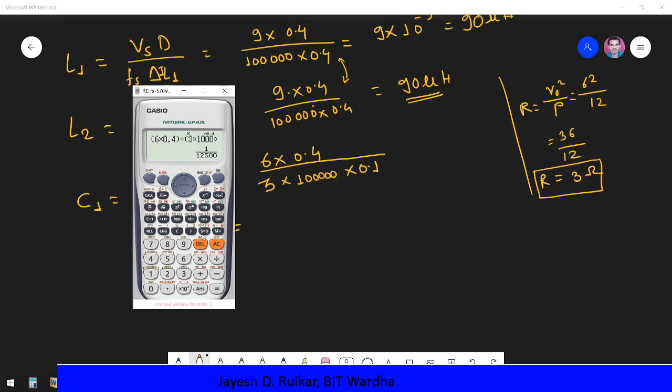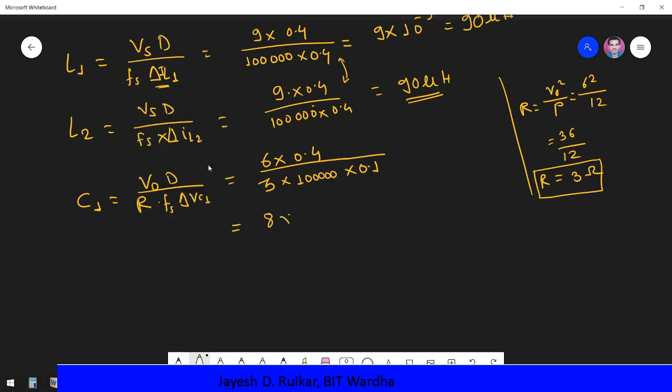Its value is 8 into 10 to the power minus 5, or we can write C1 as 80 microfarad.